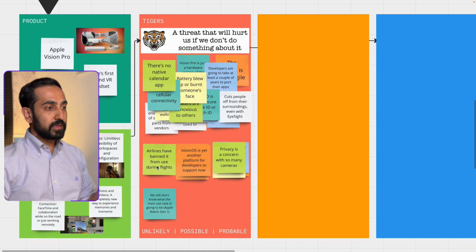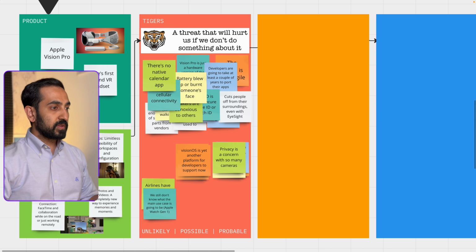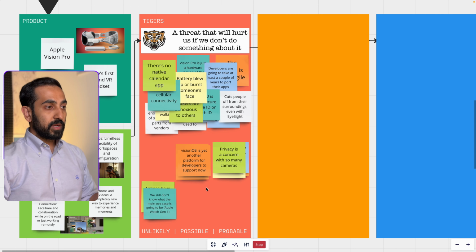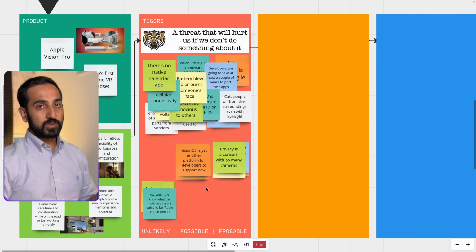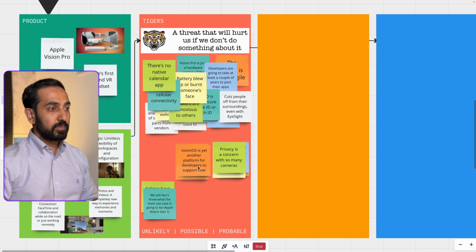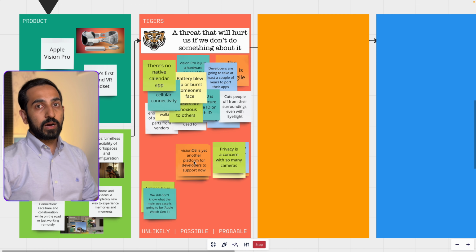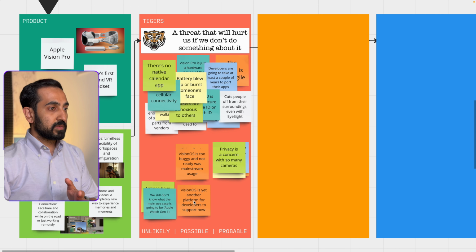And it is something that we will work with our airline partners and we have relationships to fix those. Vision OS is yet another platform for developers to support. Yes, we will have to make sure that developers are able to easily work and develop with Vision OS.